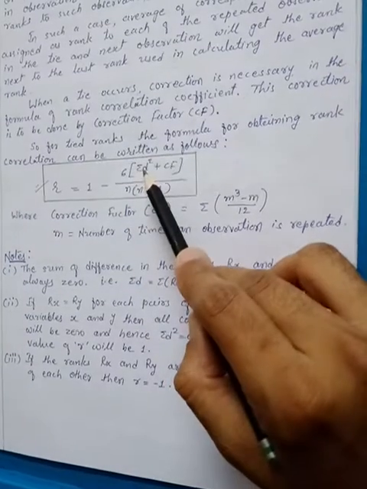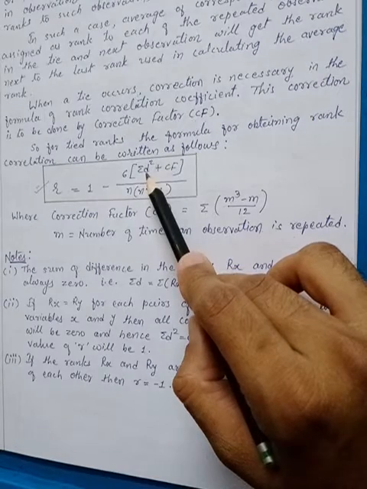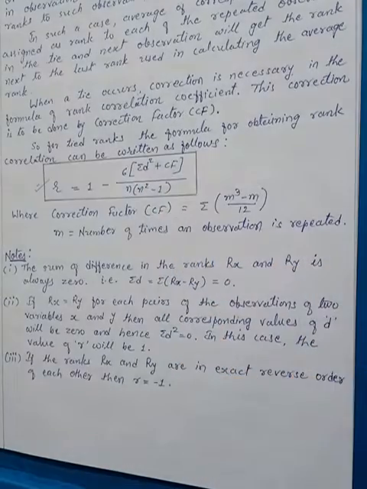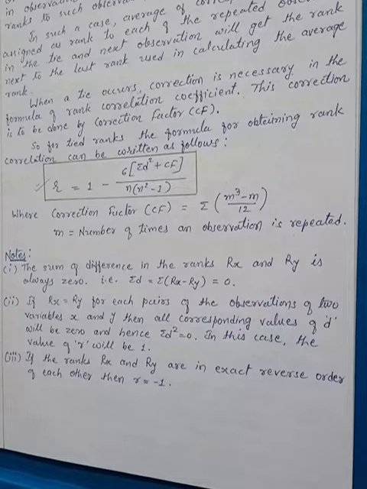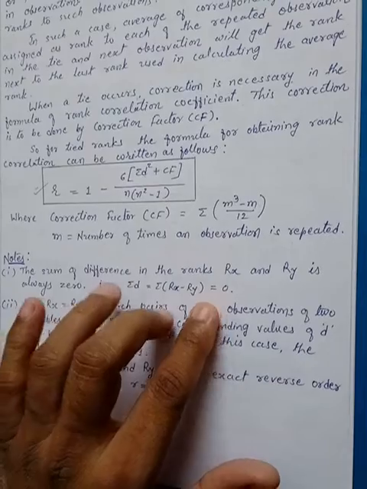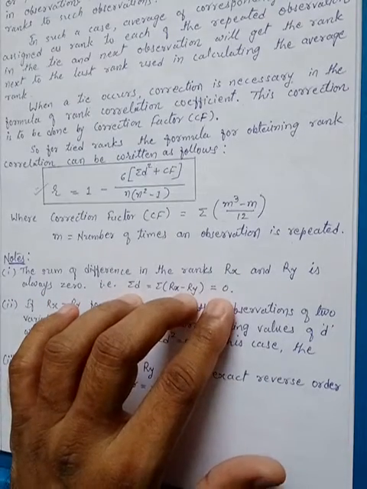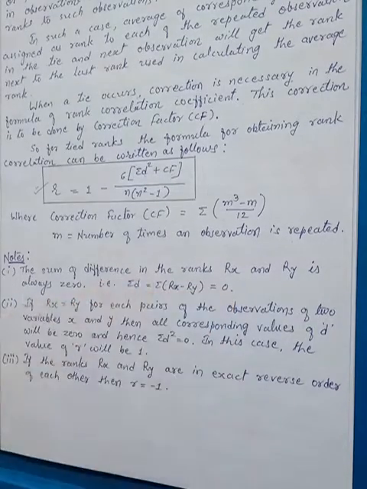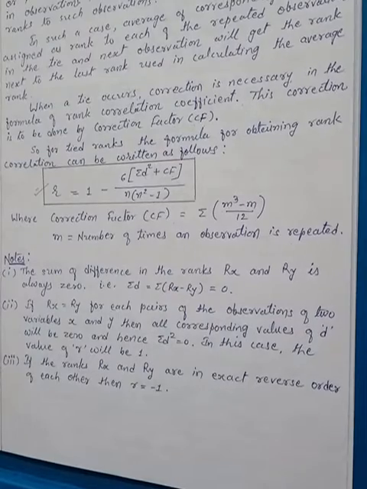We actually require its square value total. But when you calculate D, remember always this thing, that for your confirmation, whether the ranks assigned to the different values are correct or not, you can find out by finding the total of these differences. If the total of the differences is 0, you can say that your calculation is correct for assigning the rank.